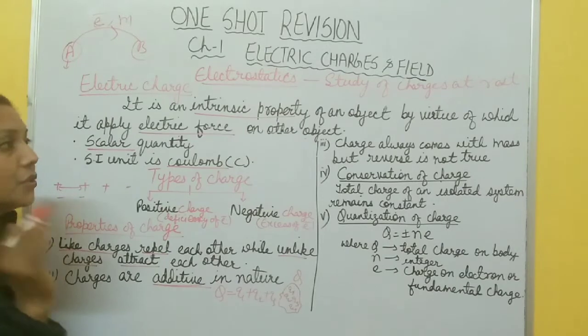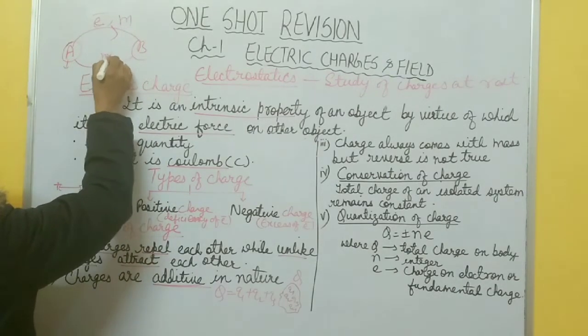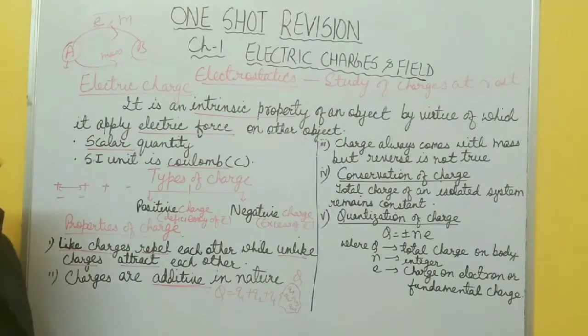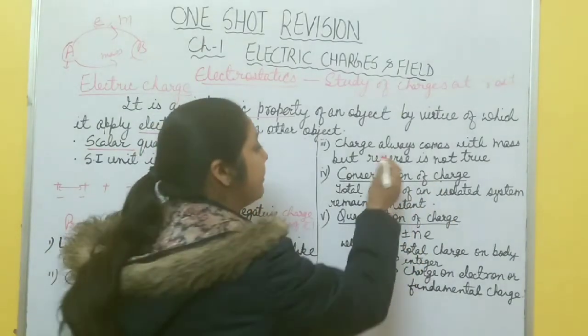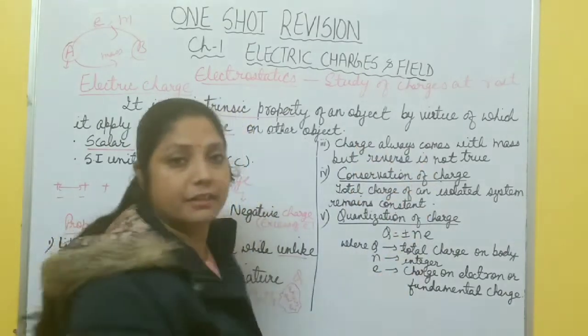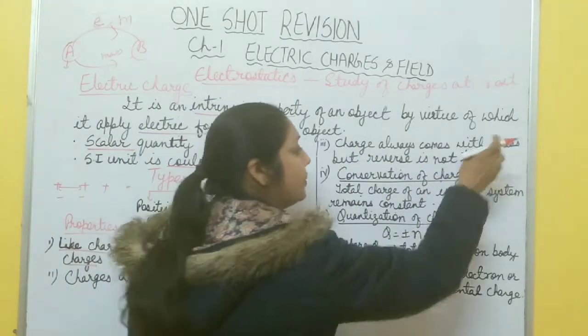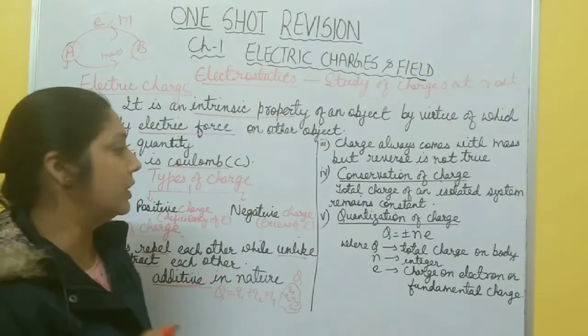But the reverse is not true. If there is transfer of mass from this body to this body, it doesn't mean that there is transfer of electrons. So charge always comes with mass, but the reverse is not true. There is also one difference between charge and mass. Mass depends on velocity, right? But charge does not depend on velocity.